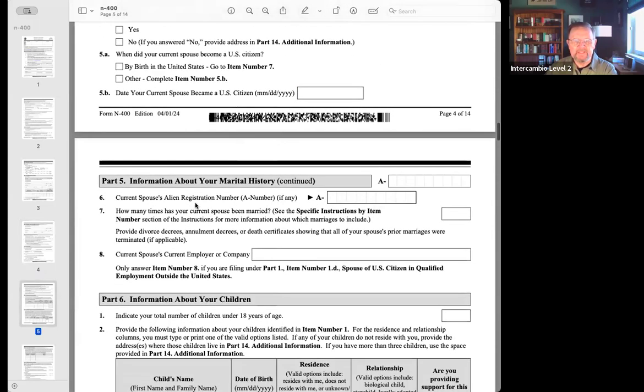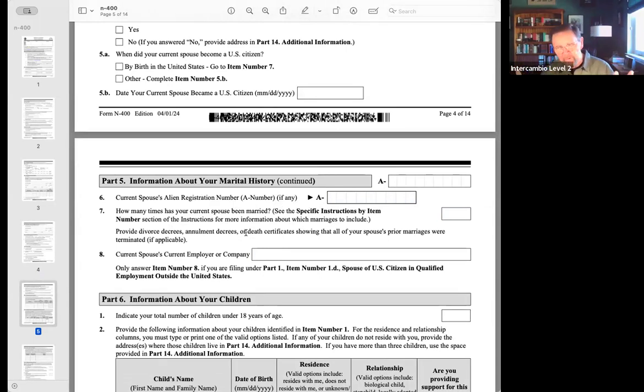Information about your status: your current spouse's alien registration number, if any, that would be their A number. If they don't have one, you'd put NA here. How many times has your current spouse been married? And again, if it's anything greater than one, you have to provide all pertinent information. You have to provide their previous divorce decree or death certificate.